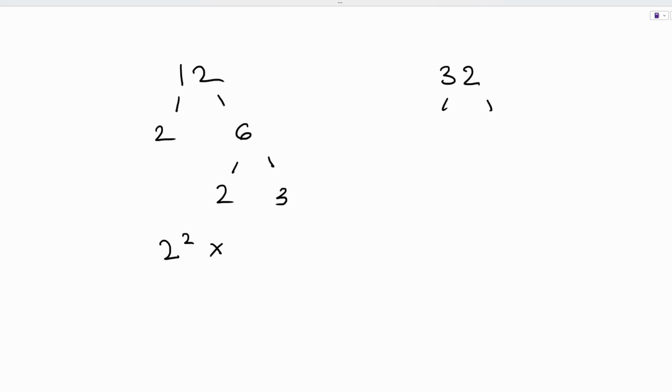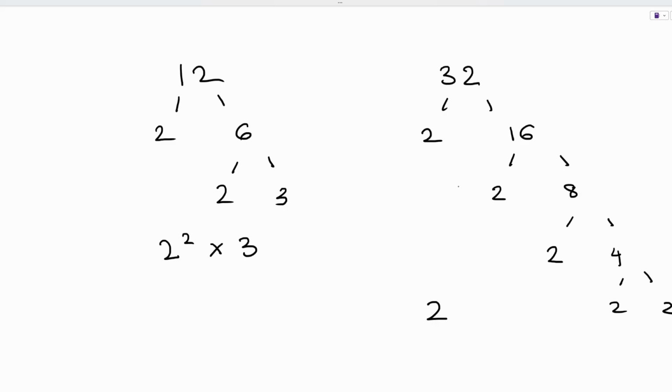For 32, you can do 2 and 16. And then 16 can be divided into 2 and 8, which can further be broken down into 2 and 4. So this can be represented as 2 to the power of 5.